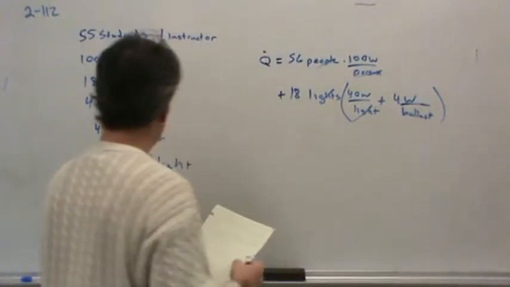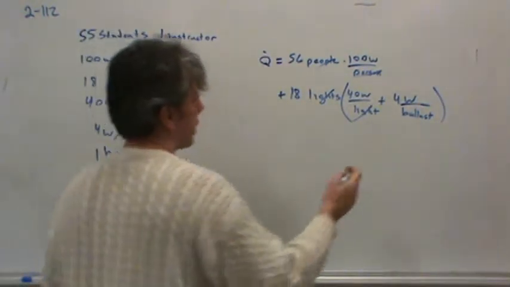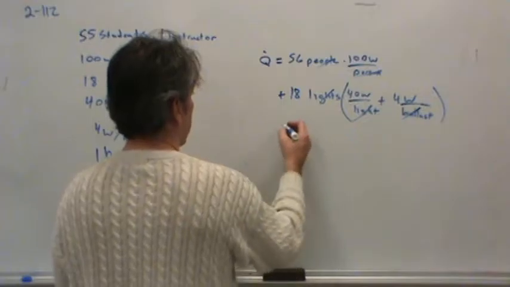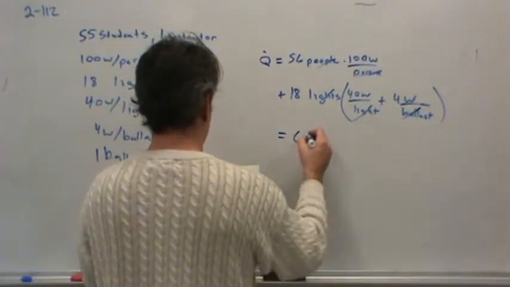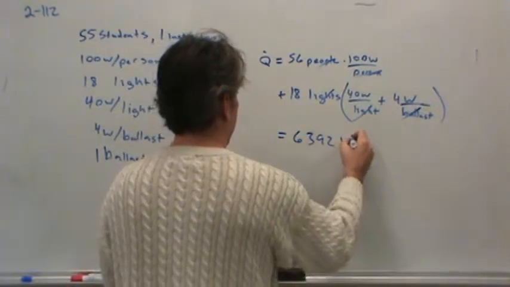And of course there's 1 ballast per light, so lights and ballasts are essentially the same unit. It gives us a total of 6,392 watts.